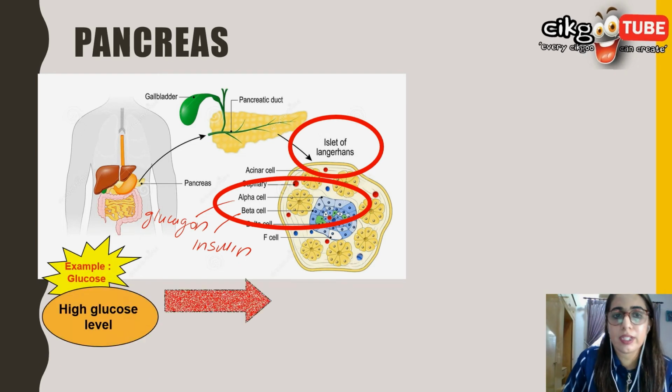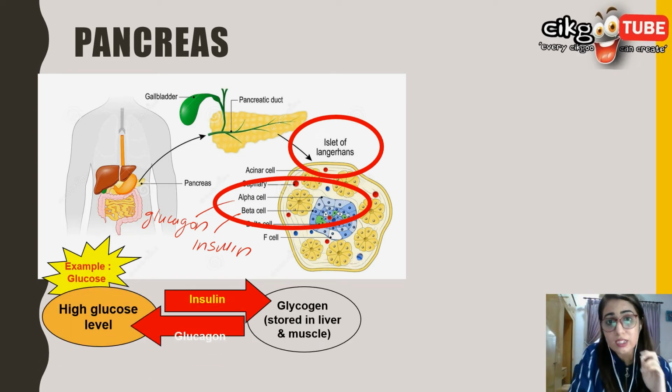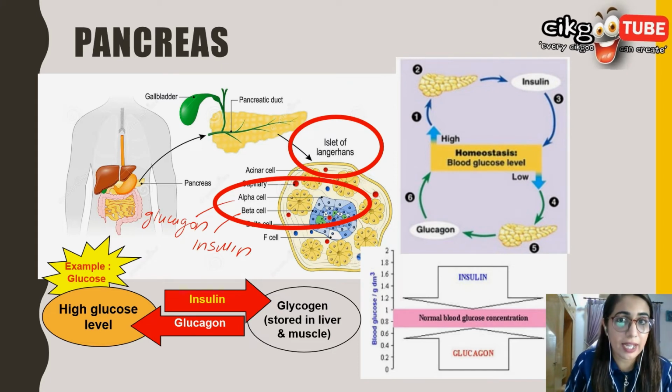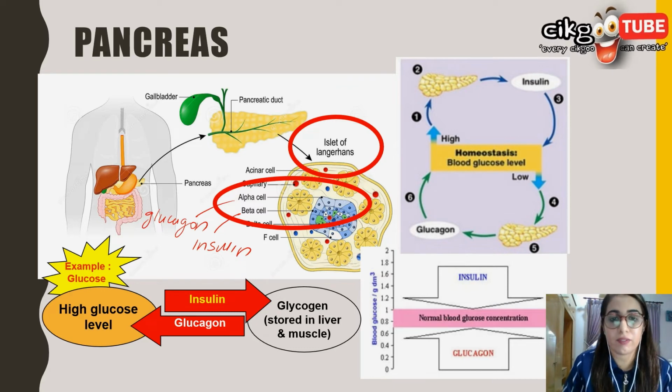So we know that insulin lowers the blood sugar level by stimulating the conversion of glucose into glycogen for storage in the liver and muscles, and the oxidation of glucose in cellular respiration. Glucagon raises the blood glucose level by stimulating the conversion of glycogen to glucose in the liver. So it works both ways around.